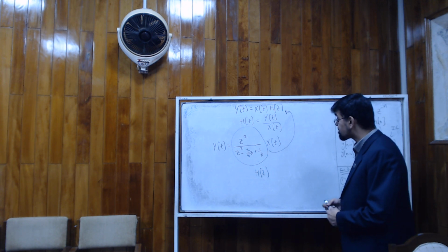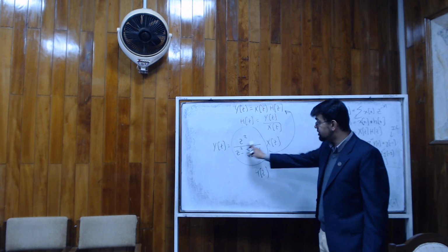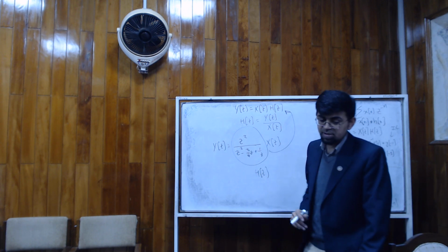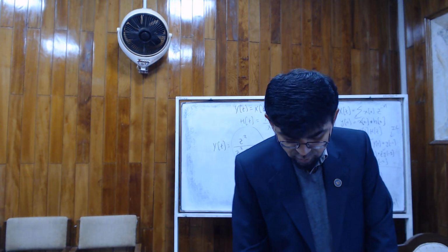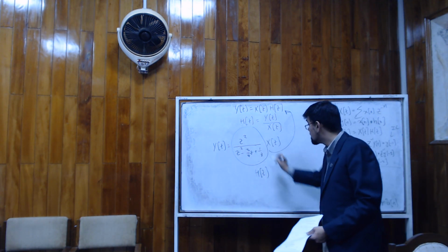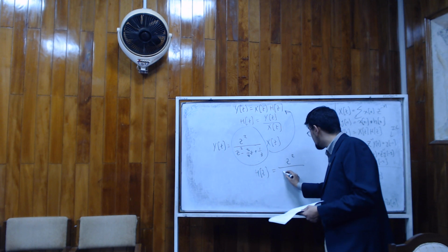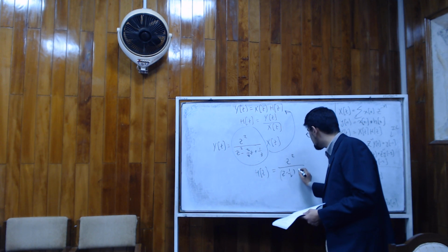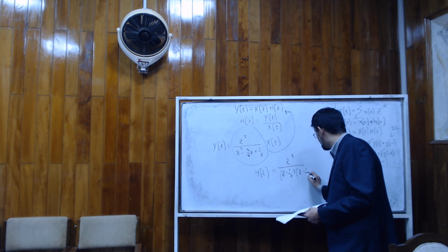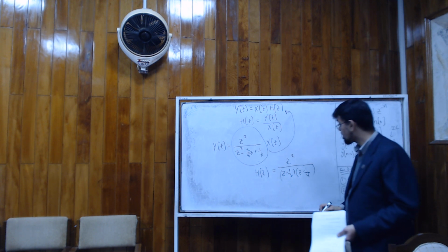Okay. Now you don't have to do much. You have already factorized this in the previous step. So I will use that. Since you have already factorized this, I know that hz is basically z square over z minus half times z minus 1 by 4. Okay.